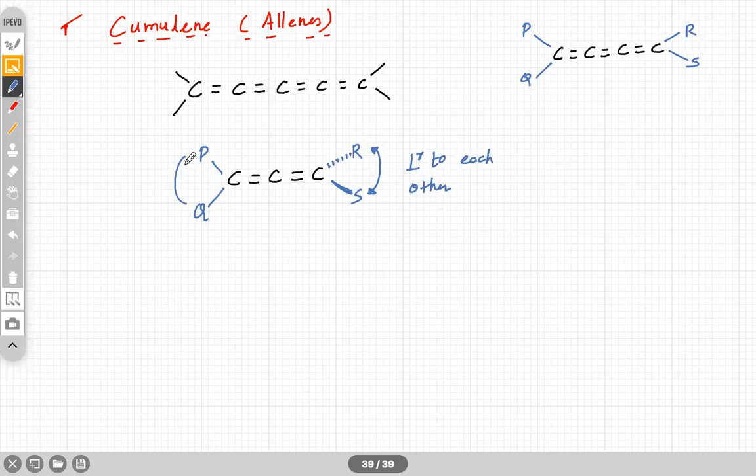This P and Q is present in the plane of the paper. This you should know.